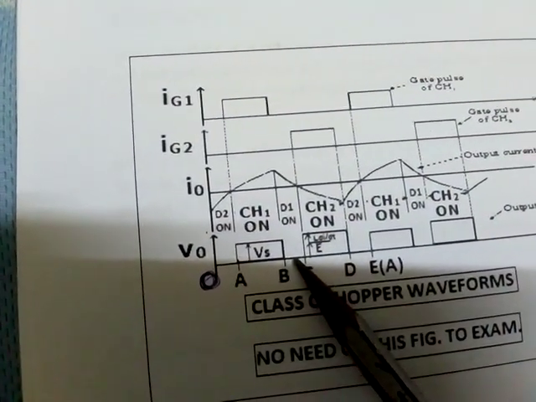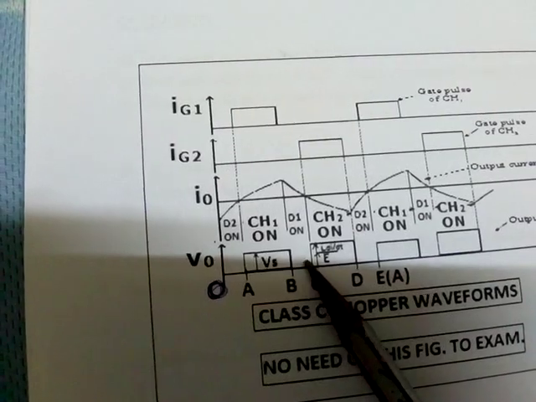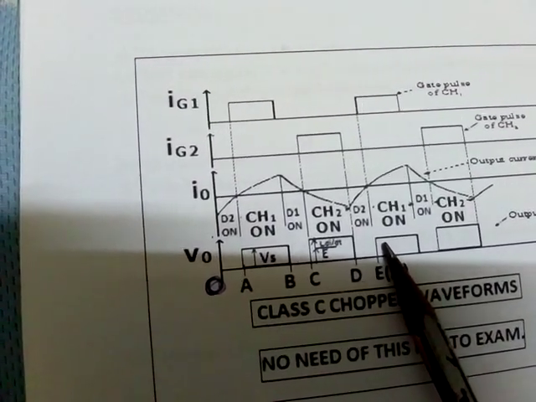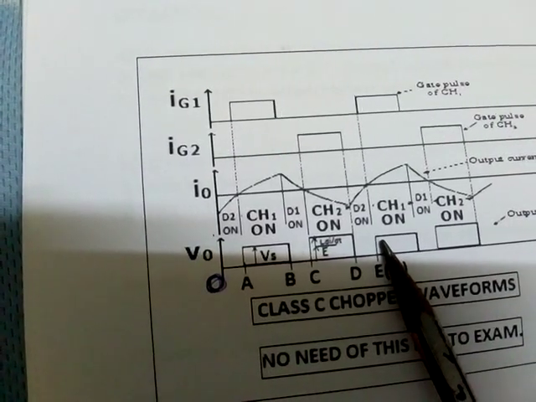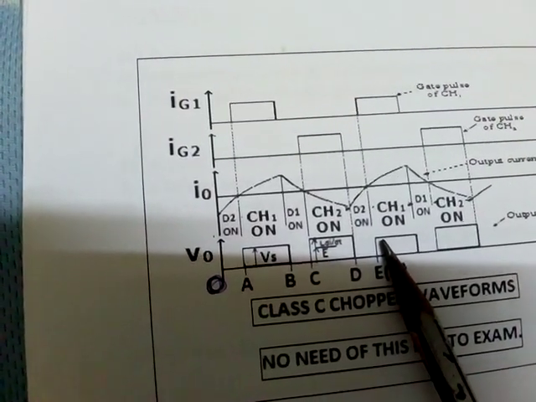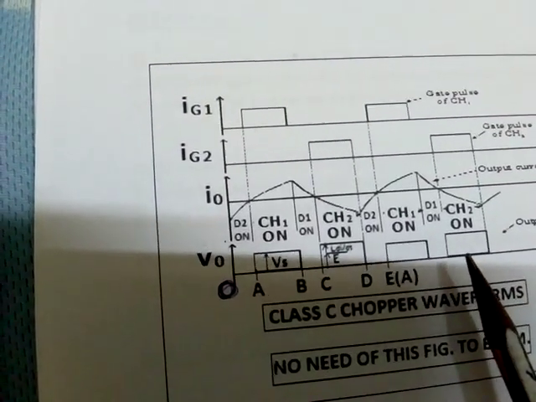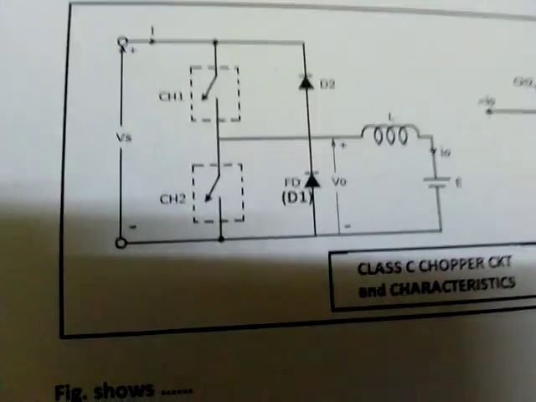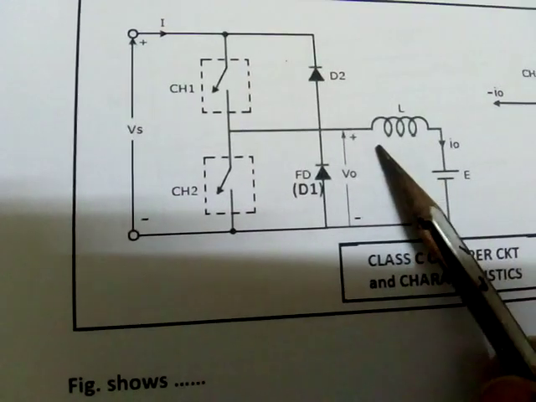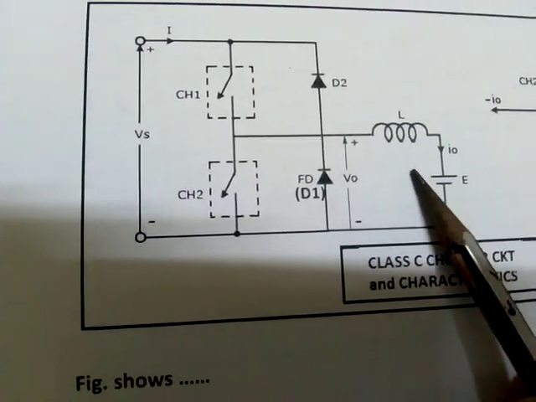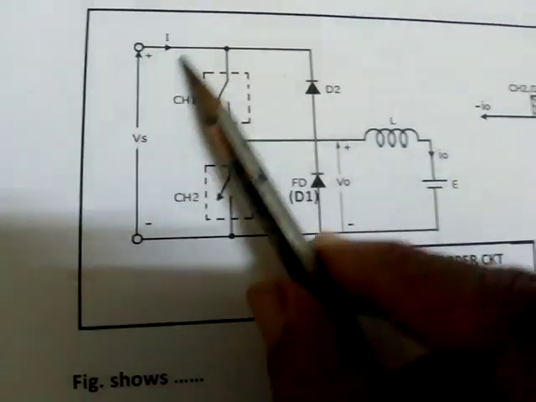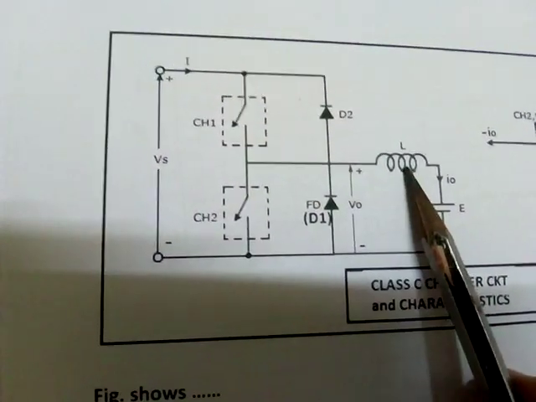When diode 1 is on, it is 0. When chopper 2 is on, the load voltage will be equal to E plus L dI by dt. Now these both will be adding. When this is on, this will be opposite to this.